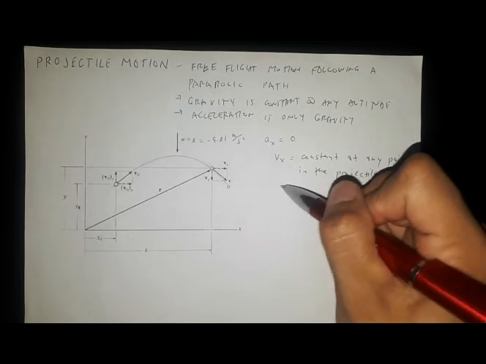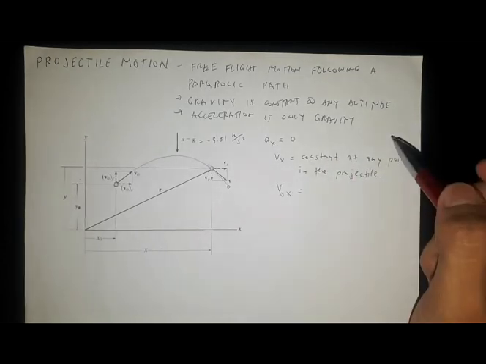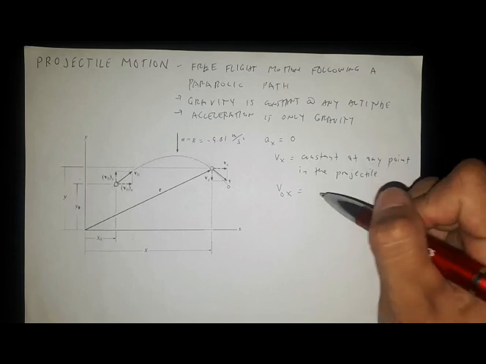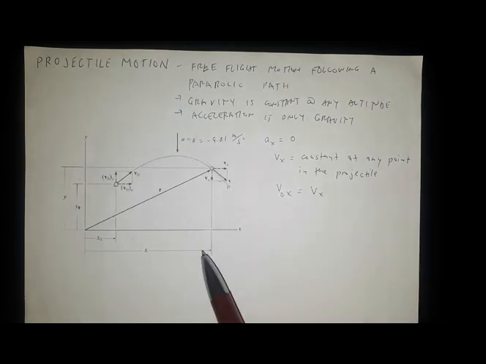So your Vox, or the initial x component of the velocity, is equal to the x component of velocity Vx at any point.